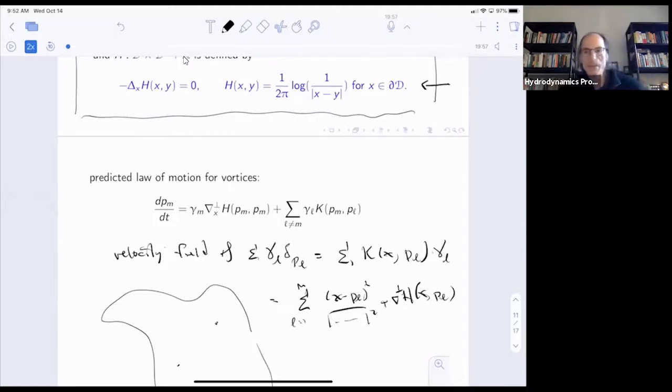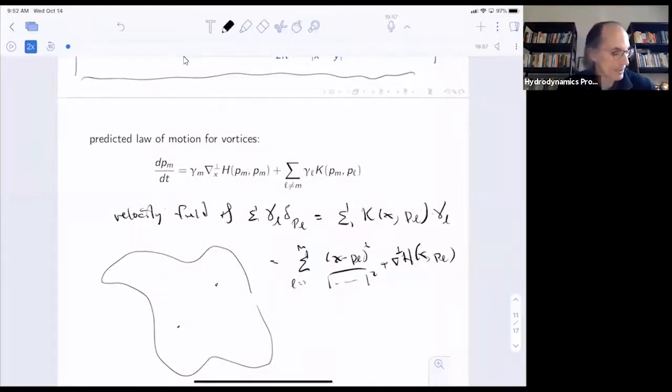Okay, and so then if I ask what's going on at one of these points, what's it going to feel? Well, there's one singular piece, the piece that it generates itself. It diverges like a distance to the -2, and then there are these contributions from all the other vortices.